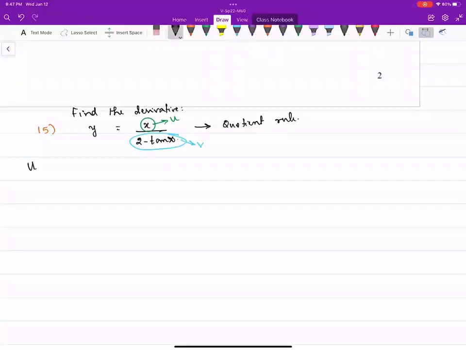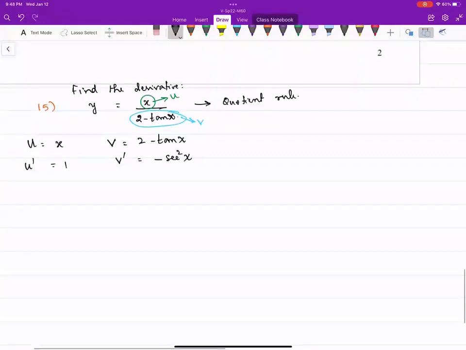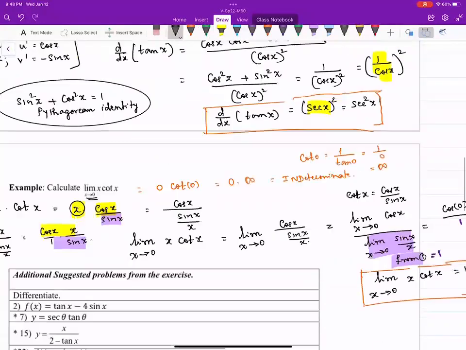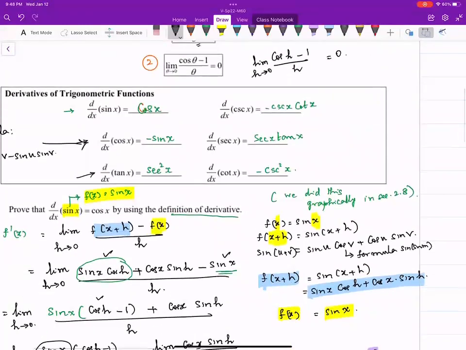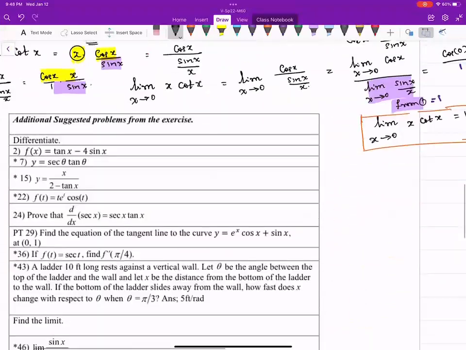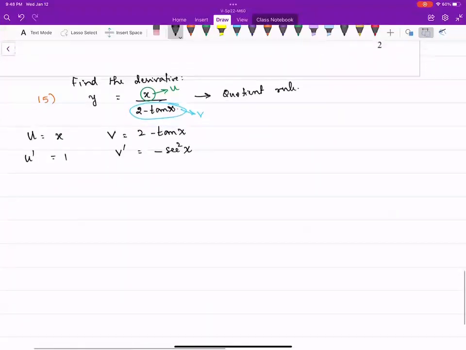So we will write them down: u equals x, v equals 2 minus tan x. What is u prime? The derivative of x, which is 1. What is v prime? The derivative of 2 is 0. The derivative of tan x is secant squared x, but there is a minus sign in front. Do you remember this table? It's better to memorize this table. The derivative of tan x equal to secant squared x is what we used in this problem.